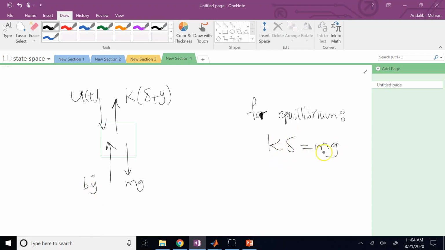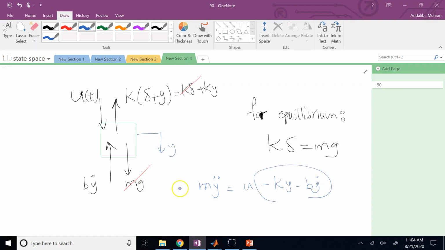So this equality exists, and u was not there in equilibrium, so the system comes to equilibrium on its own. Therefore, if you write this as k times delta plus k times y, expand it, these two will cancel out. So when you write your governing equation, it will be m y double dot is equal to u minus k y minus b y dot, with y being downward.